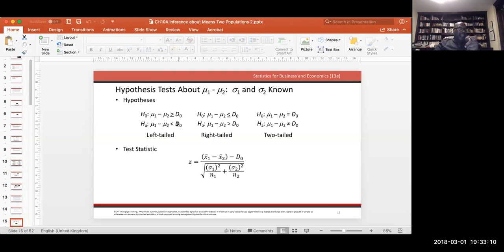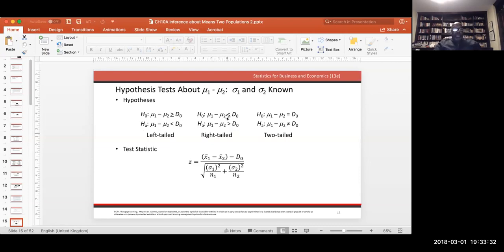The reason we say less than 0 is that if mu1 is smaller, the difference between Halifax and Montreal will be negative, because we're subtracting a bigger number from a smaller number. And therefore the null hypothesis would be greater than or equal to 0.